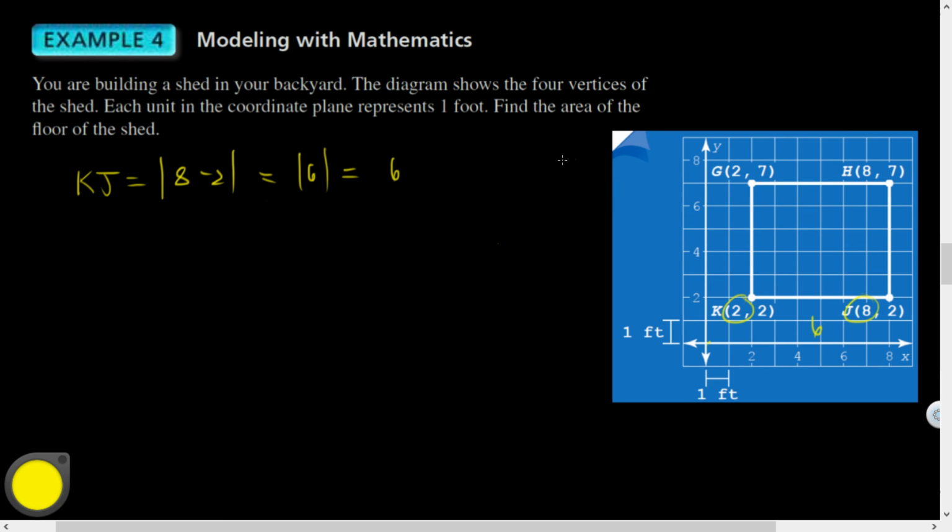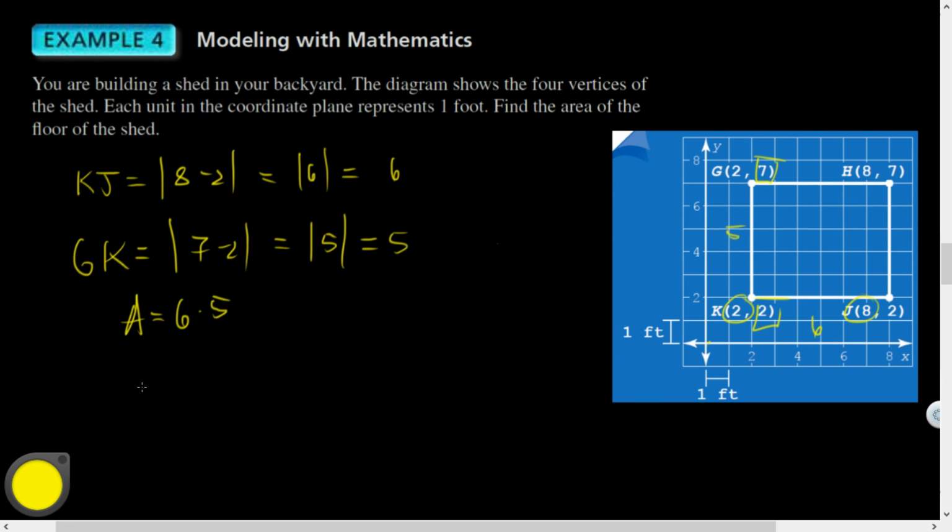And then we'll find GK, which is the absolute value of 7 minus 2, so the absolute value of 5 is 5. And there you go. 6 times 5, the area will equal 30, right? The easiest in the world, friends. So this is going to be in square feet.